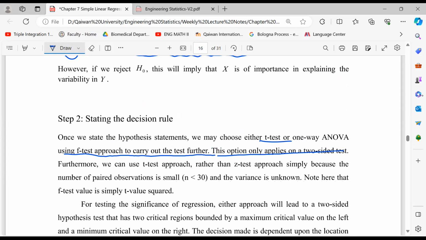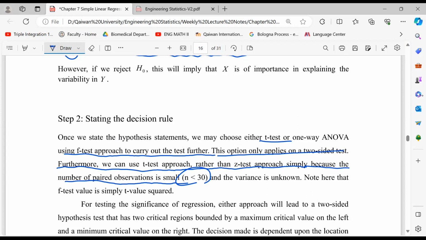Furthermore, we can use the T-test approach rather than the Z-test approach simply because the number of paired observations is small. In all examples that we have here, the number of data doesn't exceed 30.